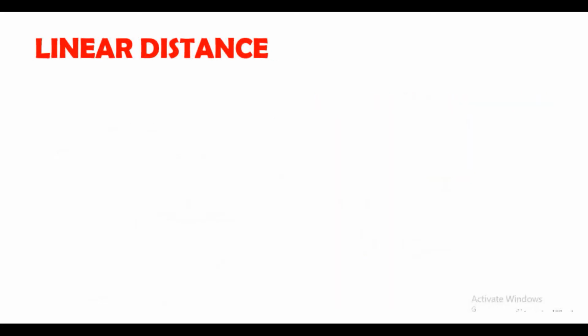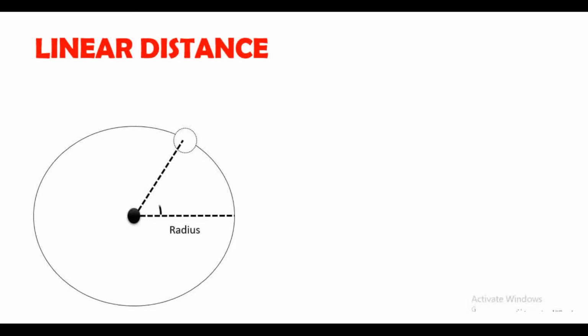Now we must discuss linear distance. When a body is moving on a circular track, in this diagram, the direction of motion on the circular track is represented by a blue line. This blue line represents the curve or the arc along which the body has changed its position from one point to another point.